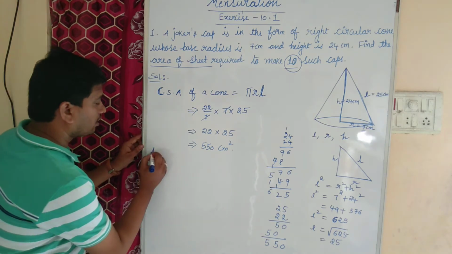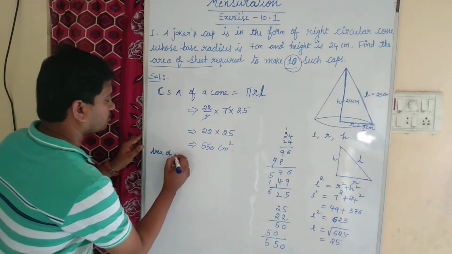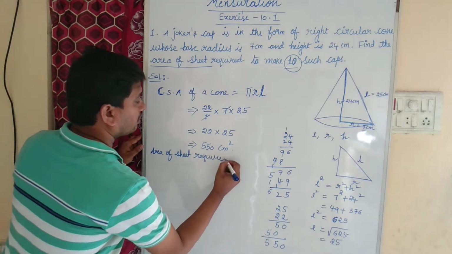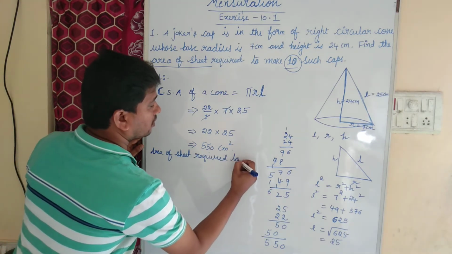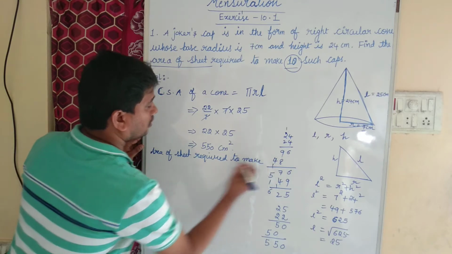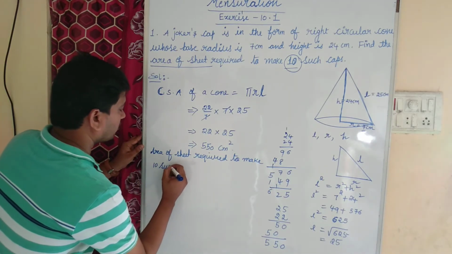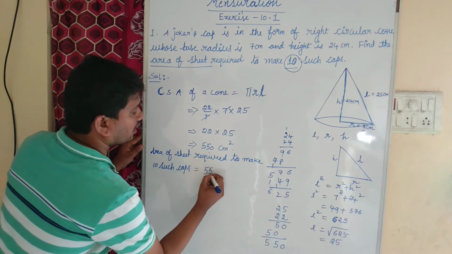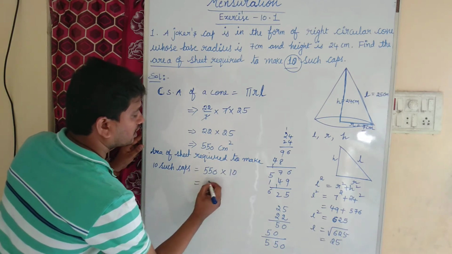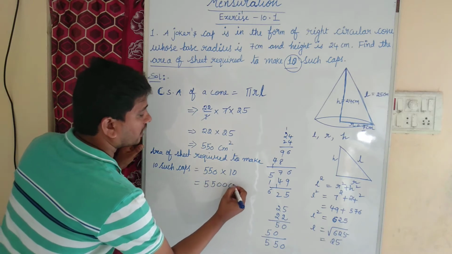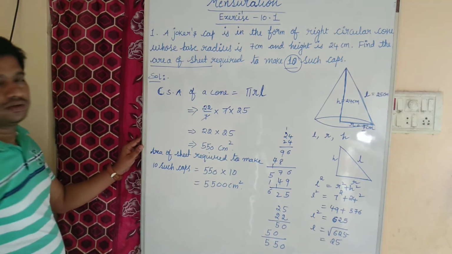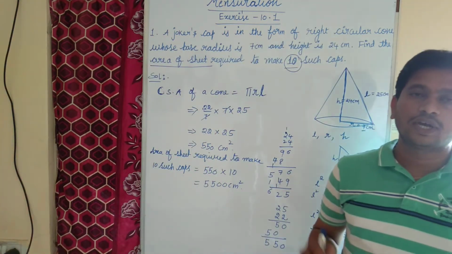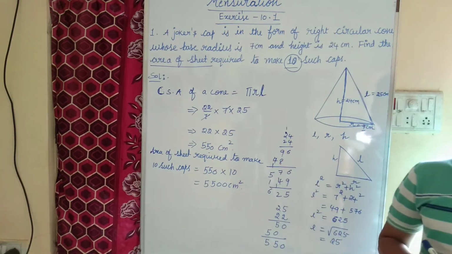But we have to find the area of sheet required to make 10 such caps, which equals 550 into 10, that is 5500 centimeter square, right? So this is our first problem. I hope you understood this question.